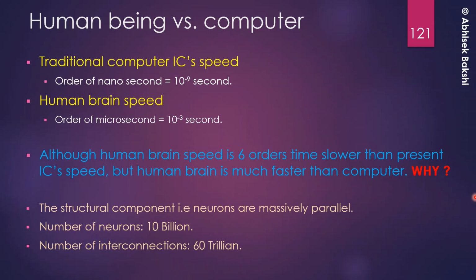To some extent you can say that there are almost 10 billion neurons present in a normal human brain, where the total number of interconnections between the neurons is in the order of 60 trillion. So from this data, I think it's very easy to realize how complex our human brain is.